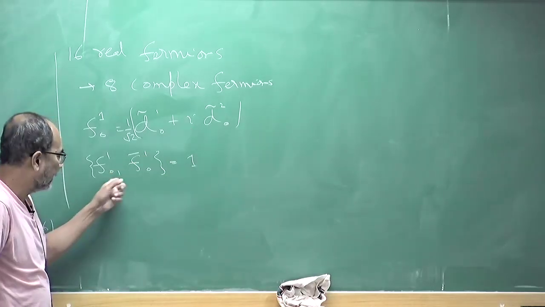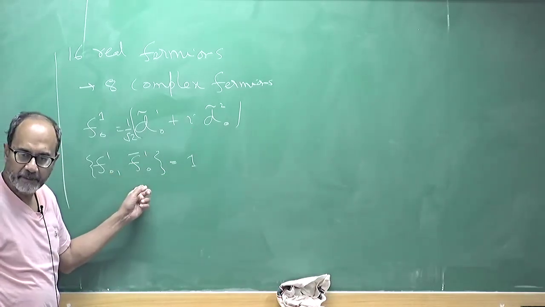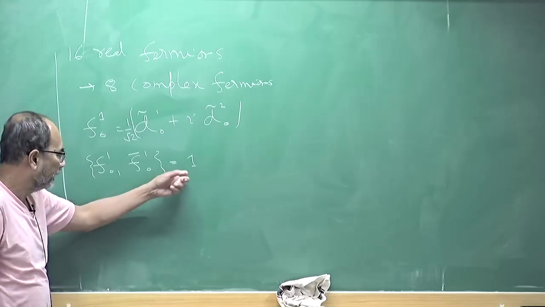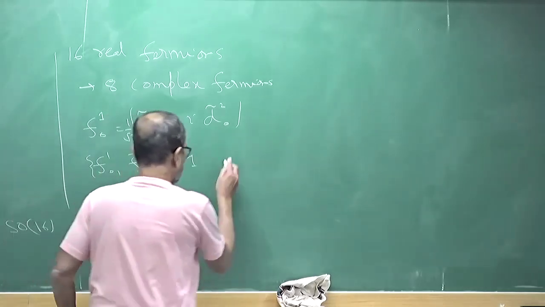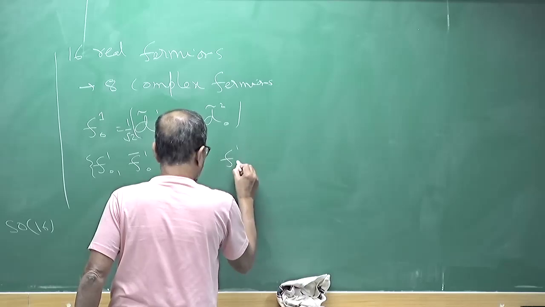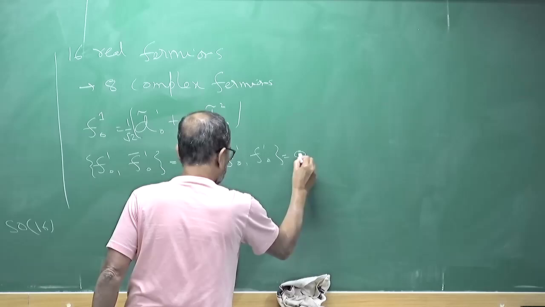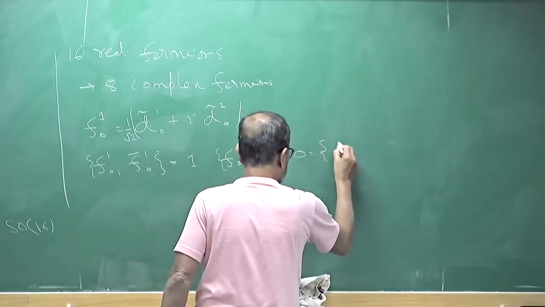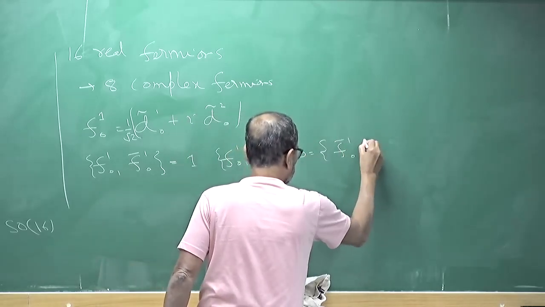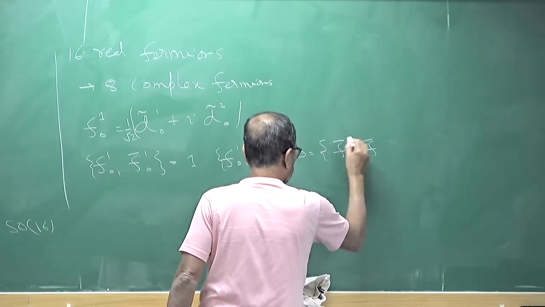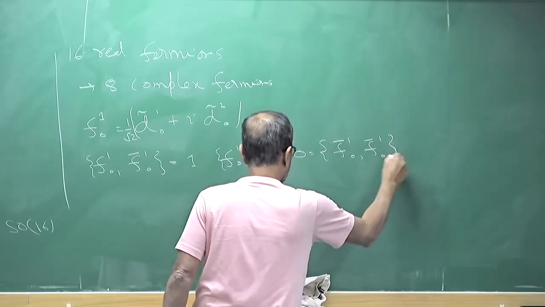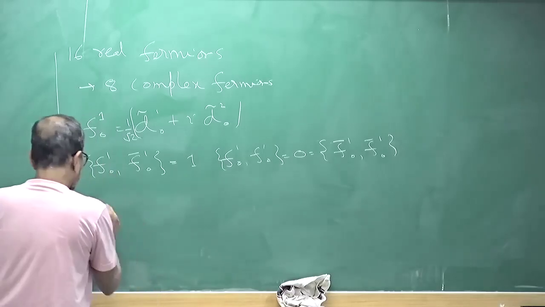So when you calculate the anti-commutator between F and F bar, you will get 1, while F F will be 0. F1 0 with F1 0 is 0, and so is F bar 1 0 with F bar 1 0. Similarly, we can do it for the other ones.